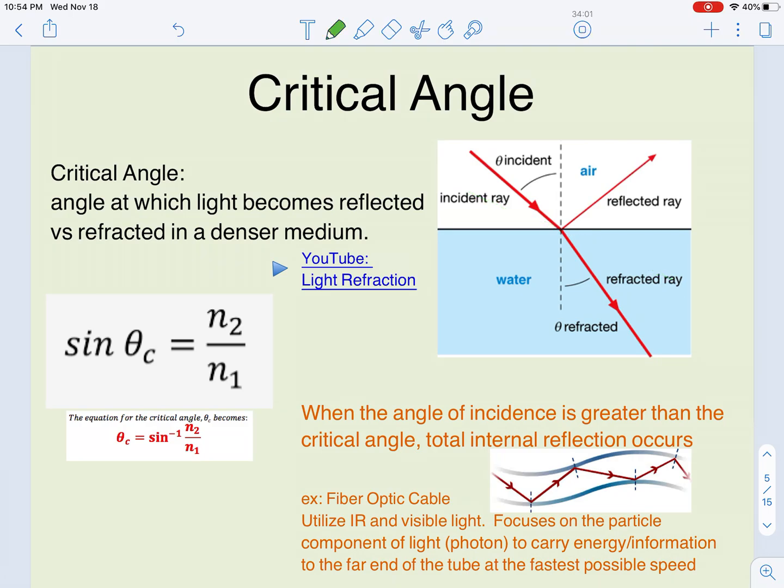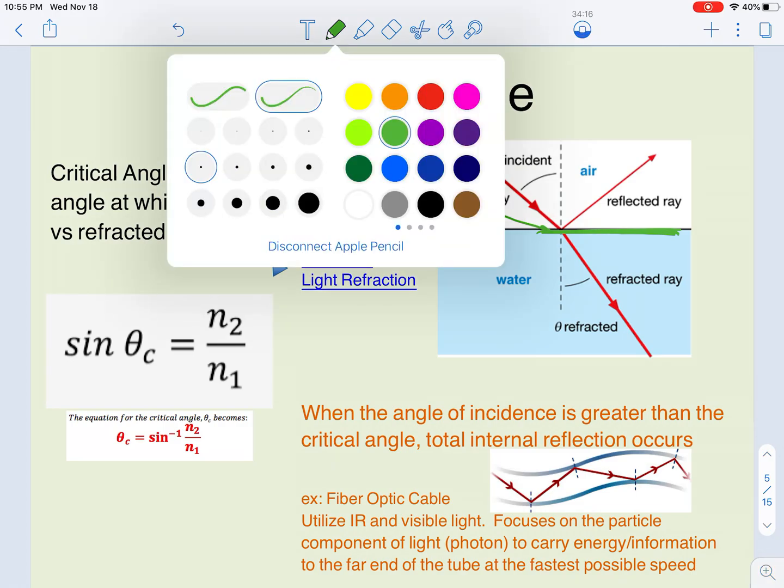And as we continue to change that incident angle, it's going to refract, and eventually we're going to have our light bend so that it's going to run parallel. So this incident light is going to actually run parallel to the surface.